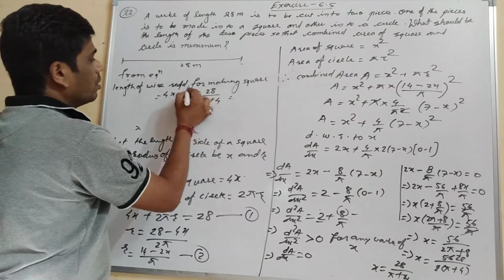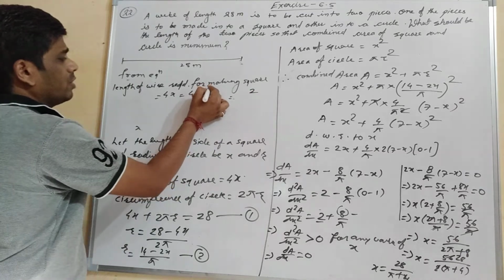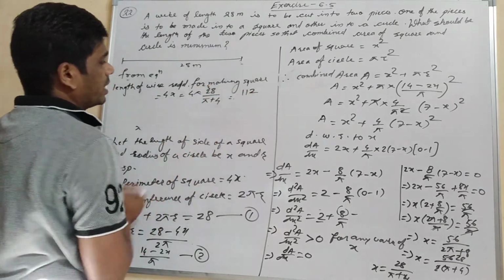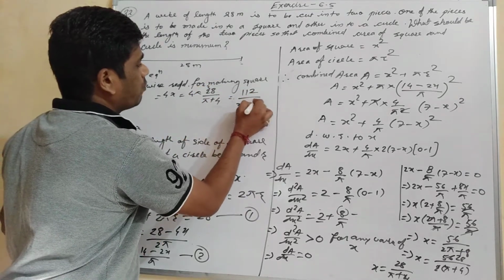So it will be 4 eights are 32, carry over 3, 4 twos are 8 plus 3, 11, means 112 upon (pi plus 4) meter.